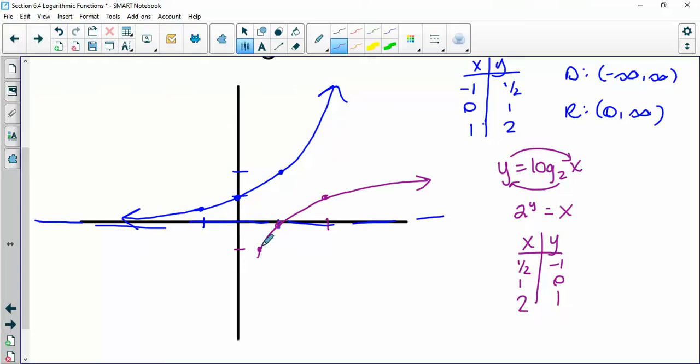And this is going to get closer and closer, but we know we can't plug in a negative. We've already talked about how with logs the arguments always have to be positive. So this ends up with a vertical asymptote at 0. What's the domain of that log function I just graphed? What is the range of that?